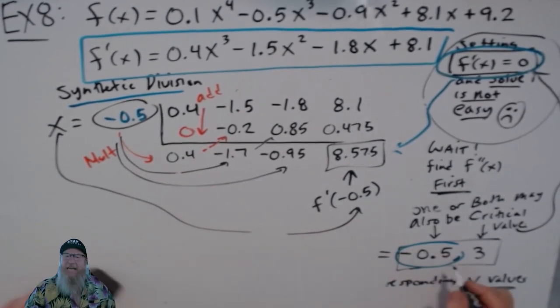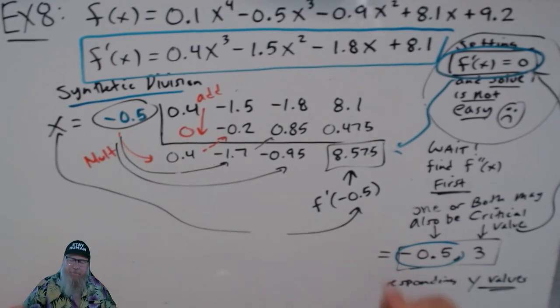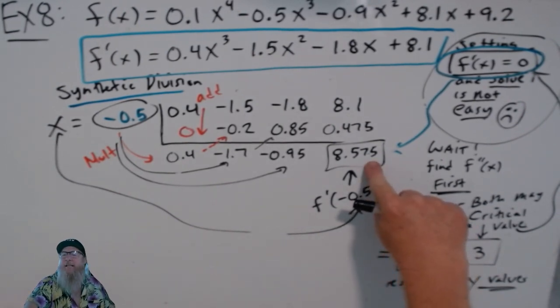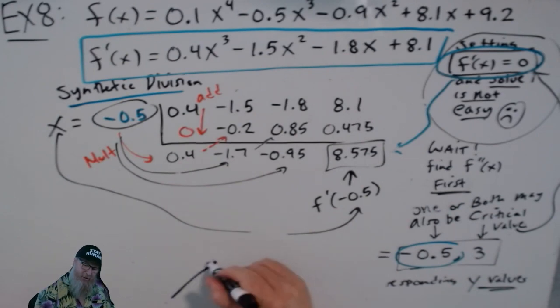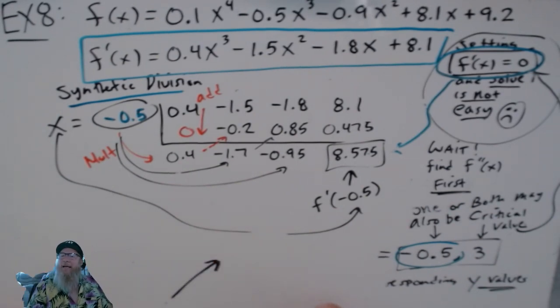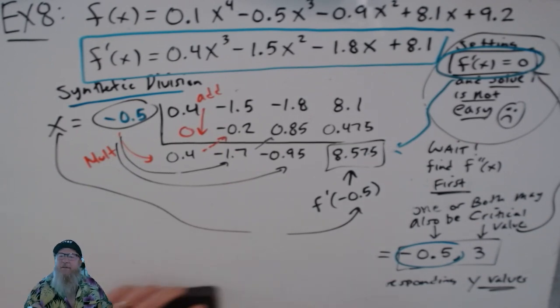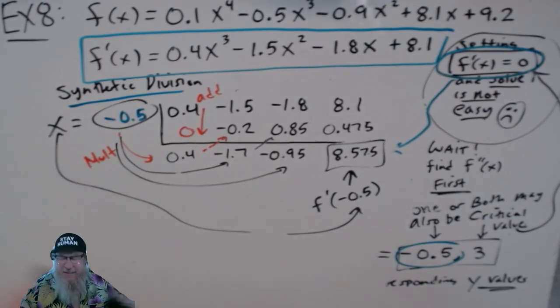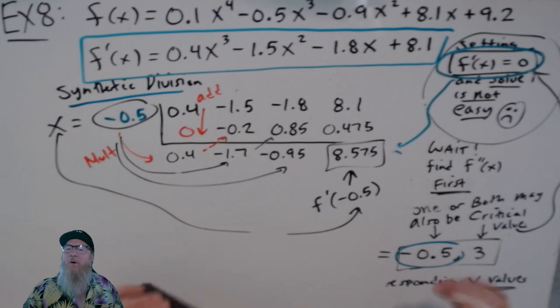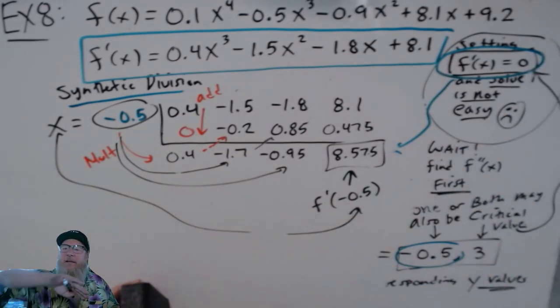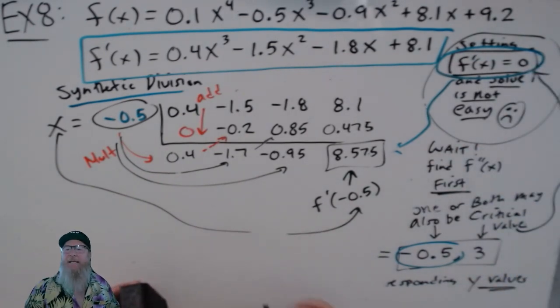So what it means in terms of the shape, it's increasing because it's positive. So we know it's going up. And it's changing its concavity from up to down. That's not what we're looking for. We're looking for a critical value, like a max or a min. That's what we're looking for.